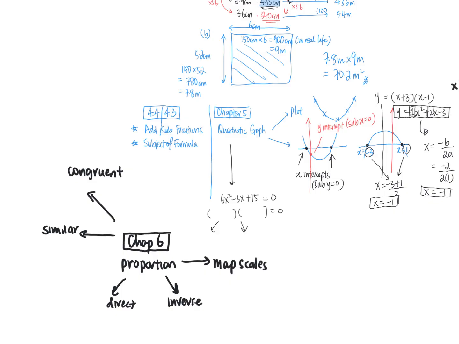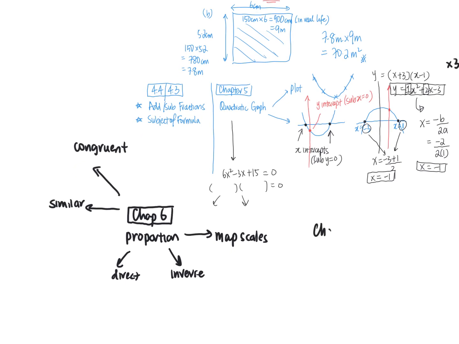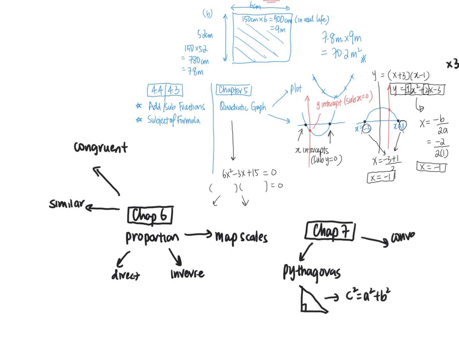Okay, so remember that. And then chapter 7, it's your Pythagoras theorem. So Pythagoras theorem, we know that in any right angle triangle, c square equals a square plus b square. Then we learn converse of Pythagoras theorem. If you have c square equals a square plus b square, then you prove that it is a 90-degree triangle. So this chapter only these two.